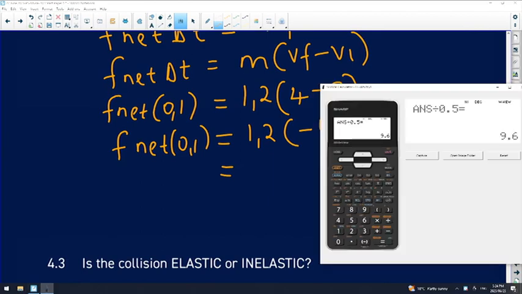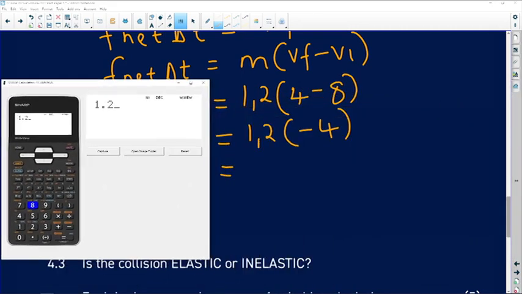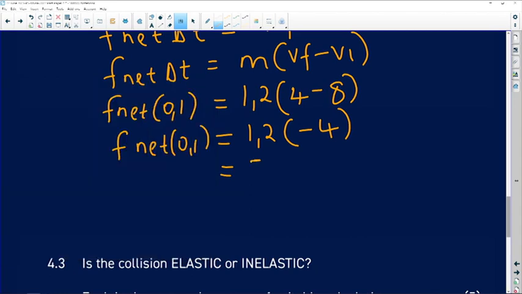I can just put my calculator on the side so we can all see. 1,2 I multiply by negative 4. Don't forget it's negative 4. Now what am I getting here? I'm getting negative 4,8. I still have F net here, and I still have 0,1.